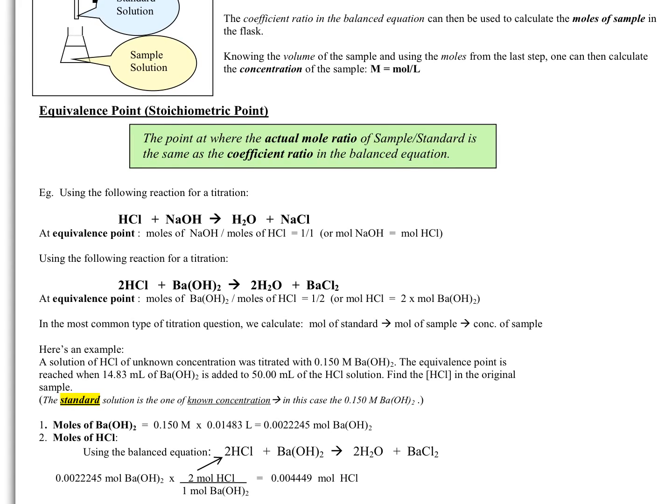Since I'm at my equivalence point, I can look at my balanced equation and say, for every 1 mole of barium hydroxide, I have 2 moles of hydrochloric acid. So if I have 0.022245 moles barium hydroxide, that means I have 0.004449 moles of hydrochloric acid at the equivalence point, because I had a 1 to 2 ratio.